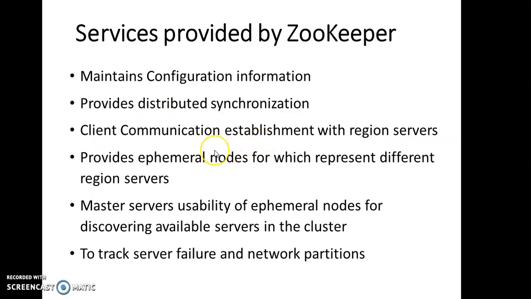It also provides ephemeral nodes which represent different region servers. The master servers use ephemeral nodes for discovering available servers in the cluster. It is also used to track server failure and network partitioning. If any failure occurs in region servers, it tracks it and recovers that server, and also handles network partitioning.